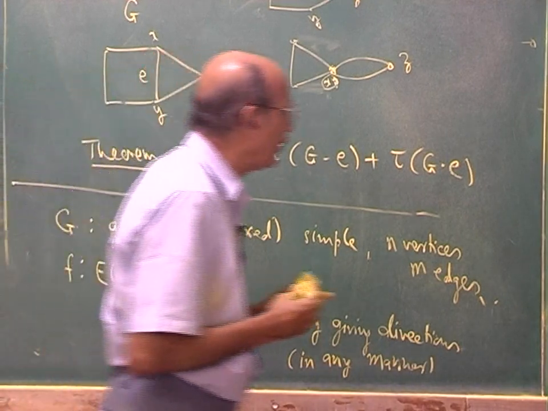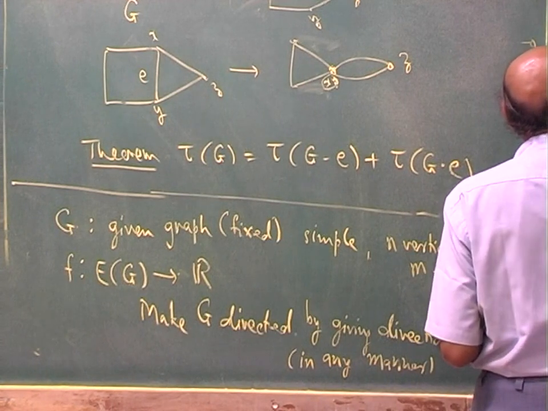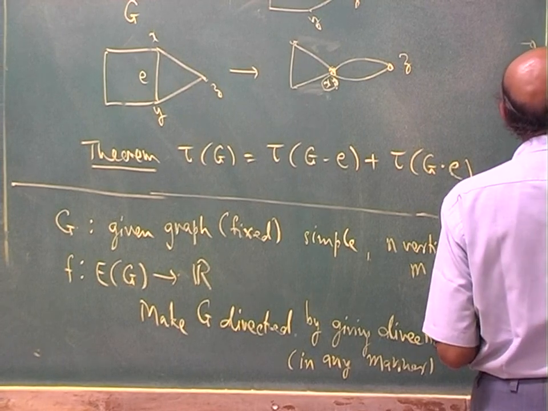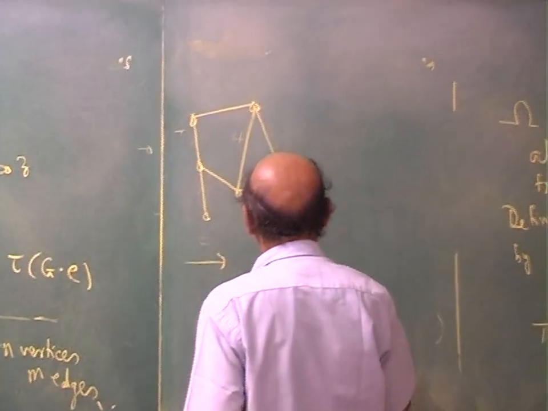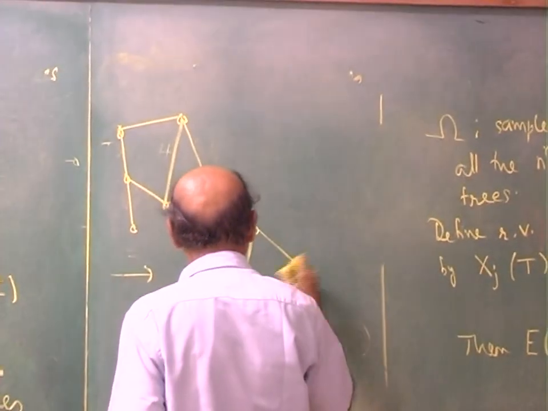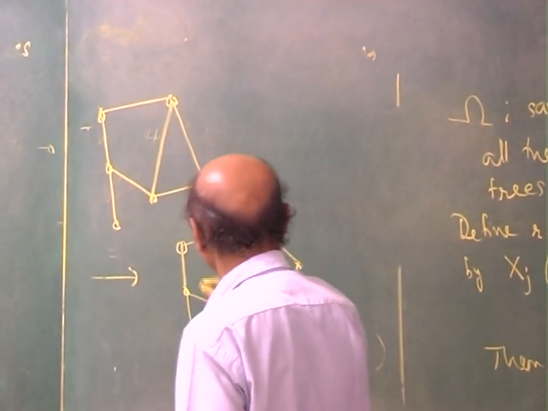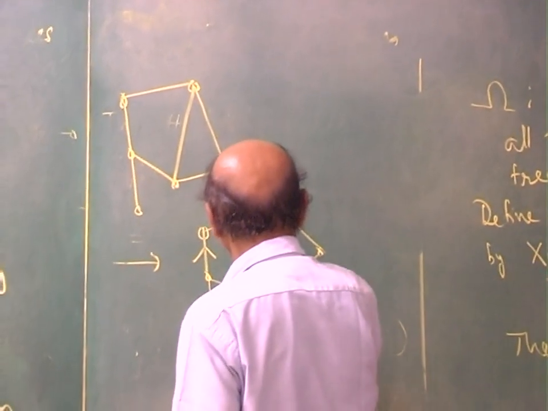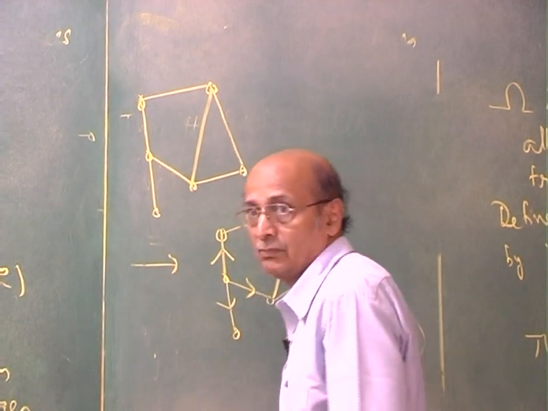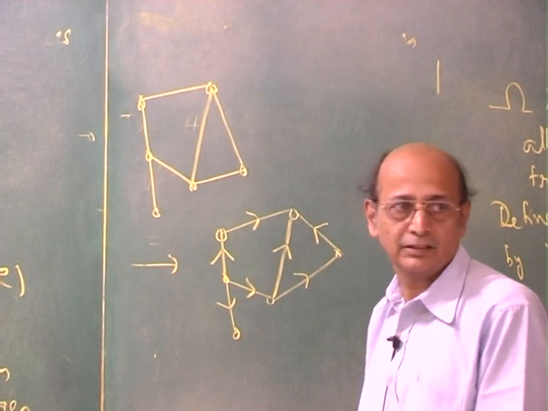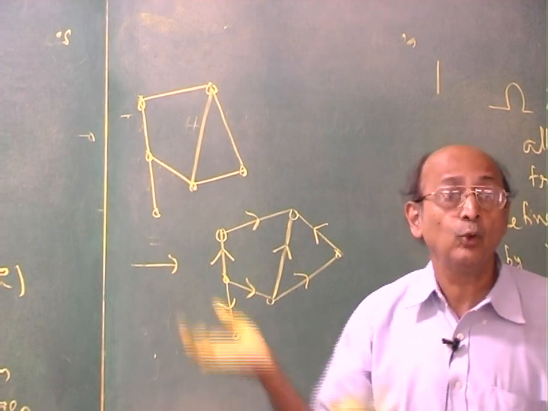Let's see what I mean by that. Let's take a graph. In fact, if the number of edges is m, there could be 2 raised to m ways of doing this.